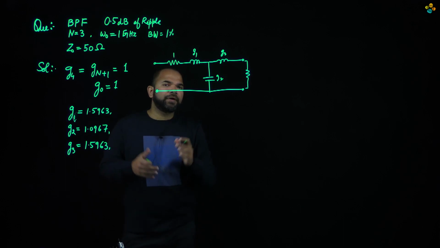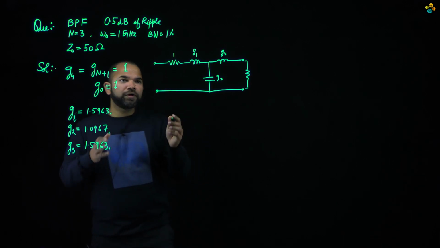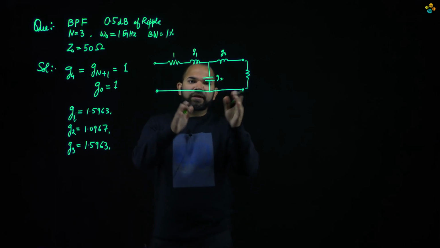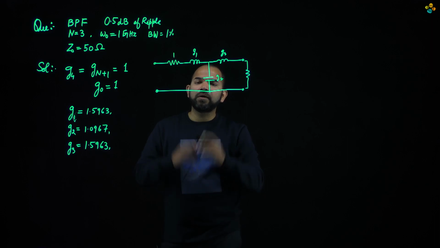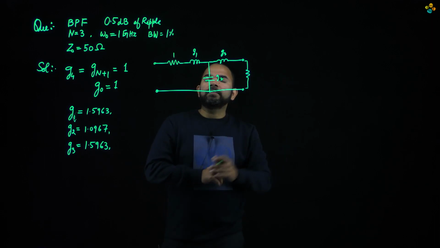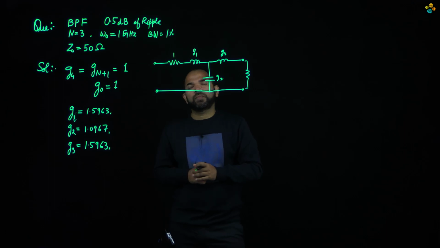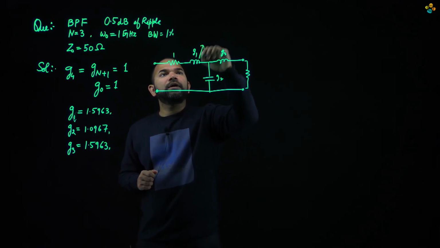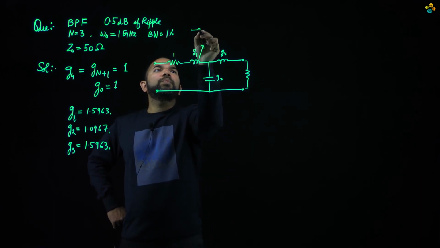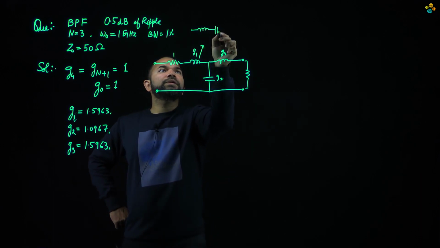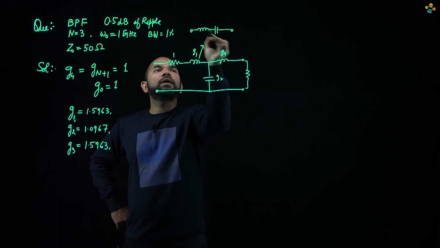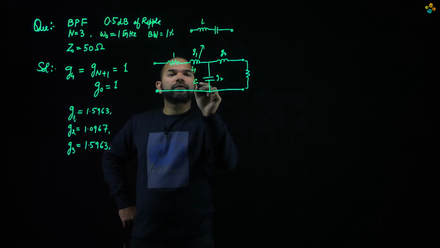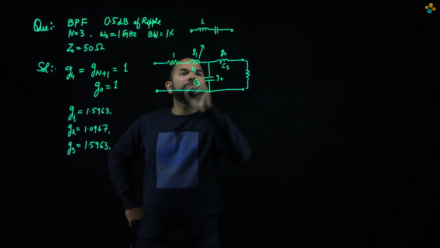So there are two ways. We need to perform the frequency scaling and impedance scaling. We can do that scaling at the low pass prototype as well, or we can do that at a later stage as well. So in the previous class we have seen this series inductor can be replaced by a combination of series inductor and capacitor. Say this is L1, this is C2, and this is L3.